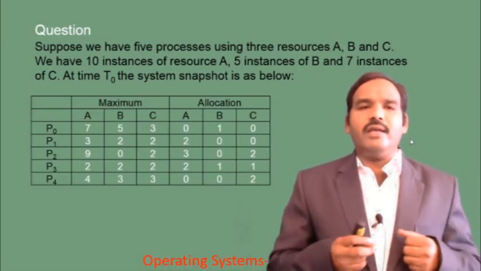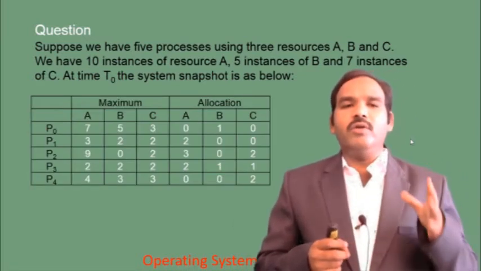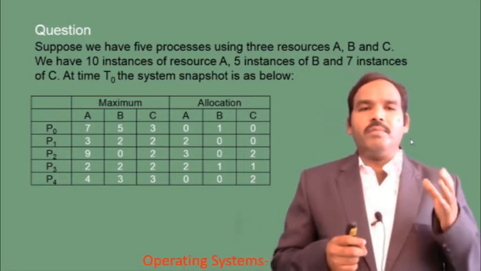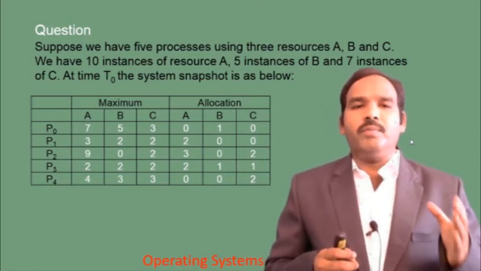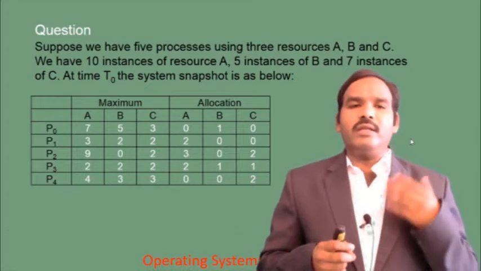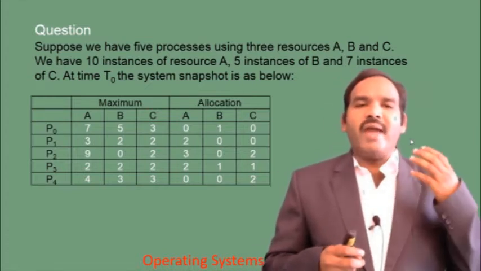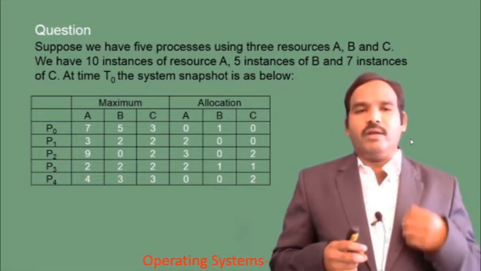And what is the data they have given? If you see the data here, there are 5 processes P0 to P4: P0, P1, P2, P3, P4. And what are the resources allocated? What are the resources those processes are claiming? What is the maximum claim of P0?